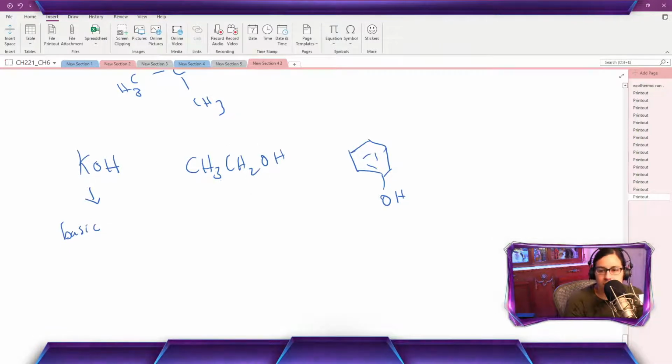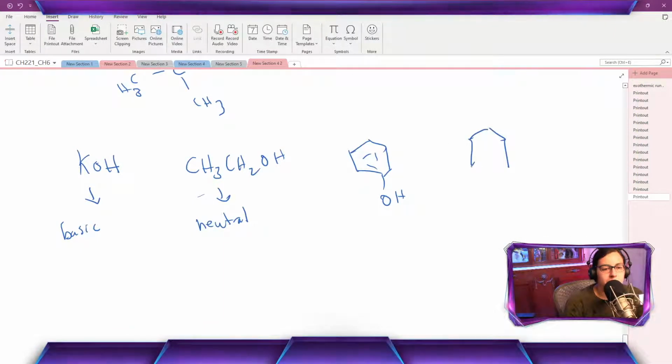Now this one, does ethanol dissociate in solution or anything? So this one is neutral. There's also no resonance structures that we can do. But phenol is a little bit different.